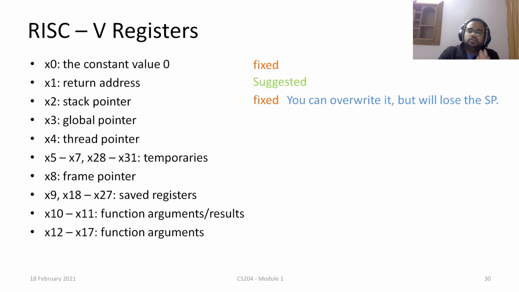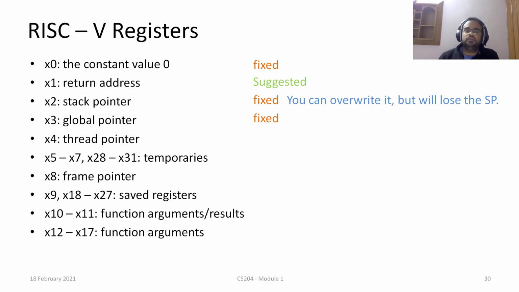At this moment, you need not worry about these new terms called stack pointer, global pointer, etc. We are going to look at them in this module. My main intention to give you this information is that some registers are used for some specific purpose. Some registers can be used for any regular work.